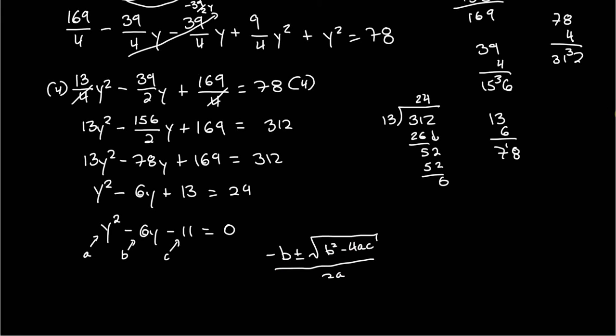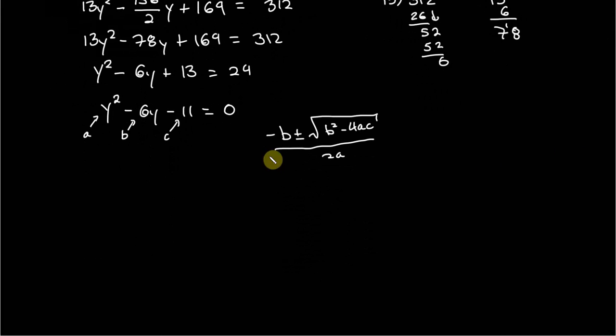So, just scroll down, give myself some space. B is minus 6, it's a double negative. So what we'll end up with here is 6 plus minus the root of B squared, which is negative 6 squared, minus 4 times A, which is 1, times C, which is negative 11.